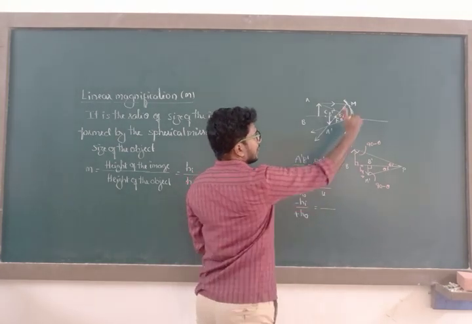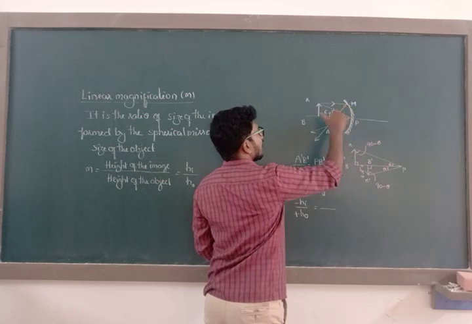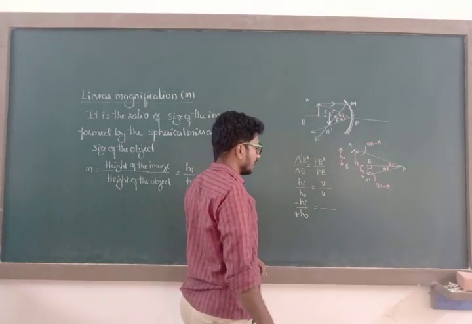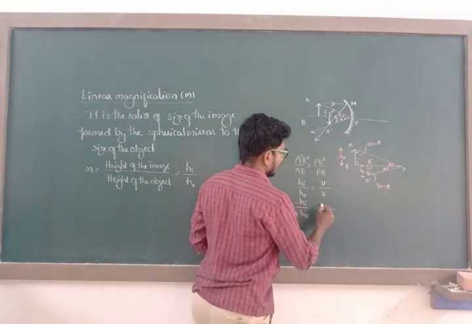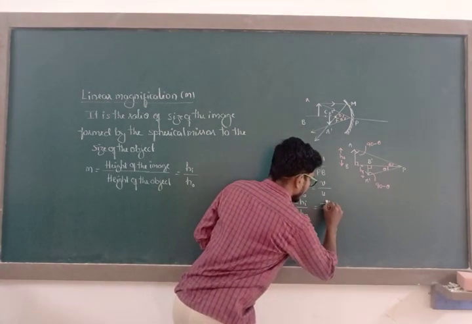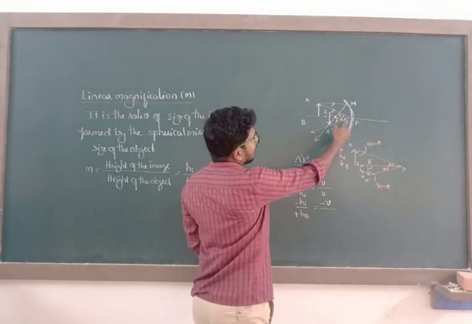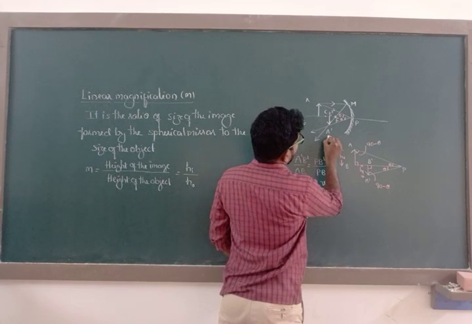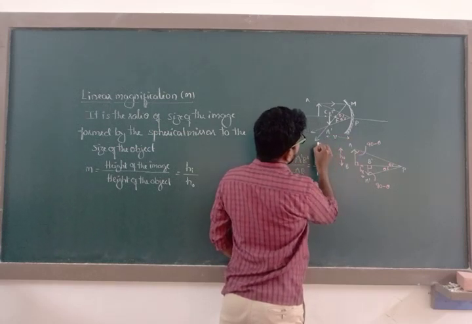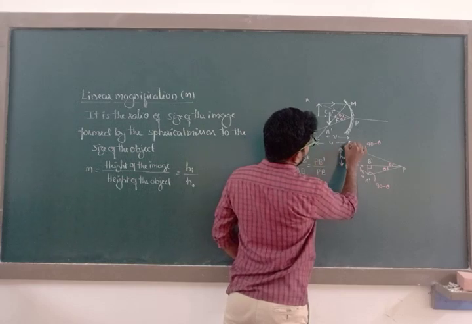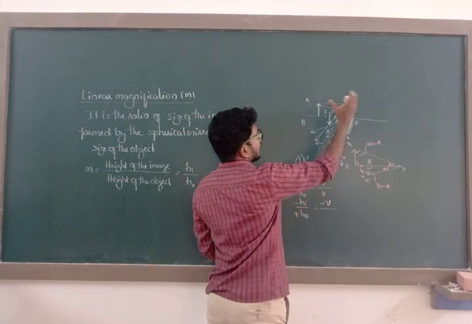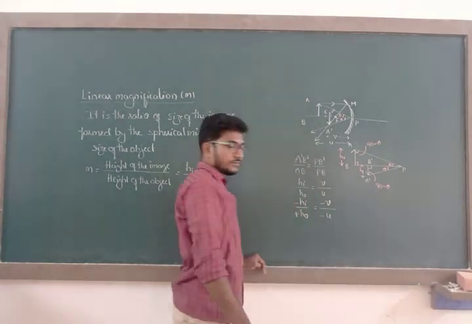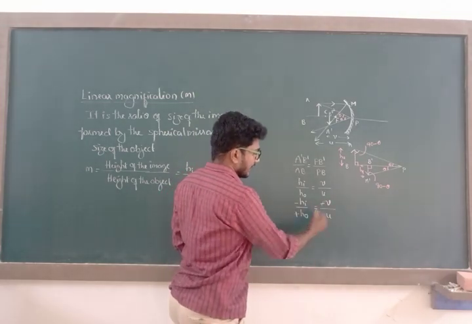Here PB dash is measured opposite to the direction of incident light, therefore V is negative, that is minus V. Similarly, object distance U is also measured opposite to the direction of incident light, and hence U is negative. Negative signs get cancelled.